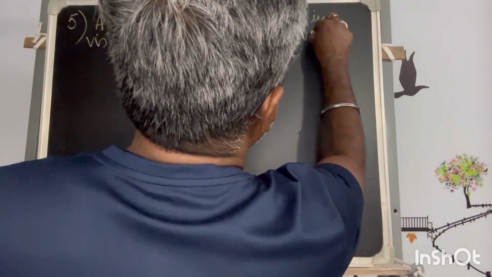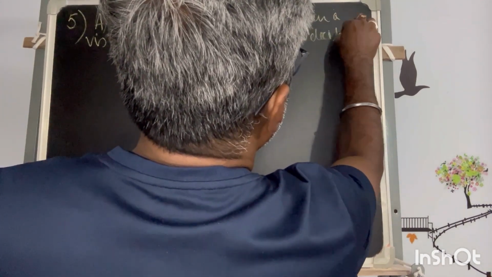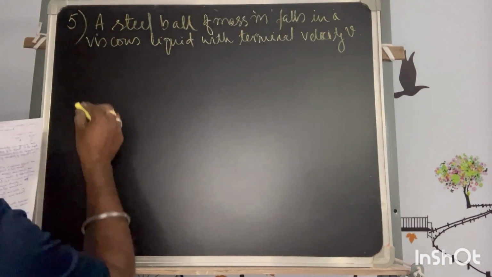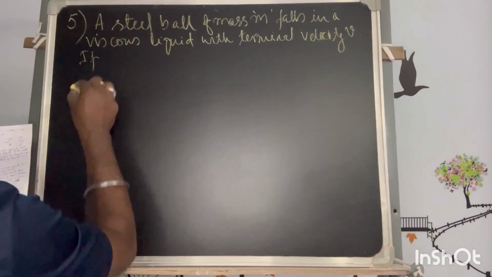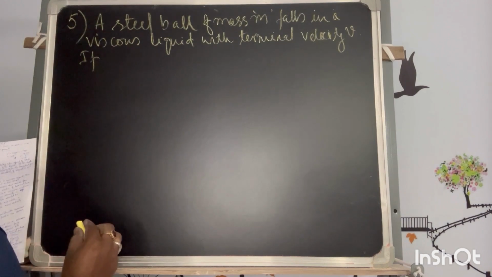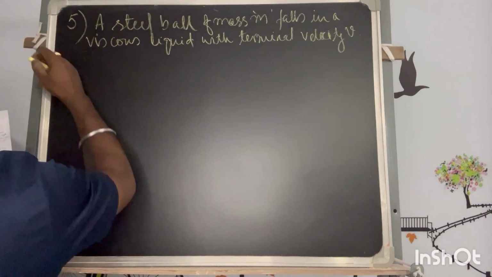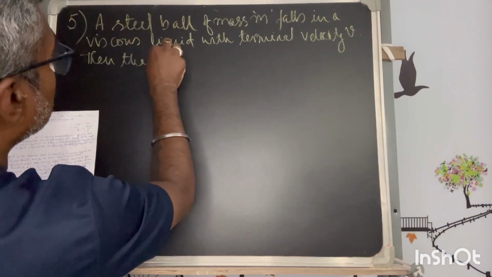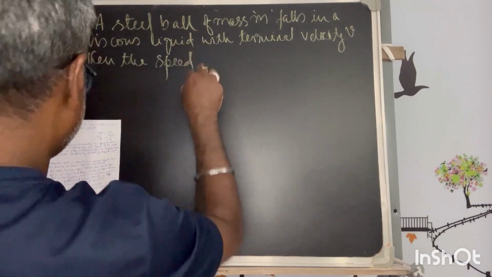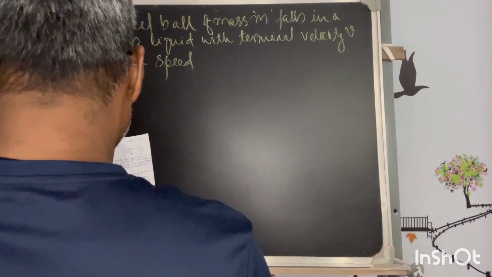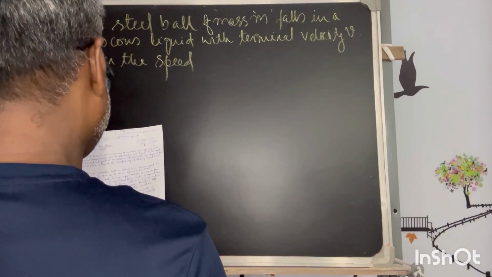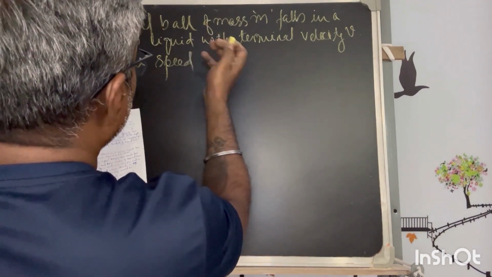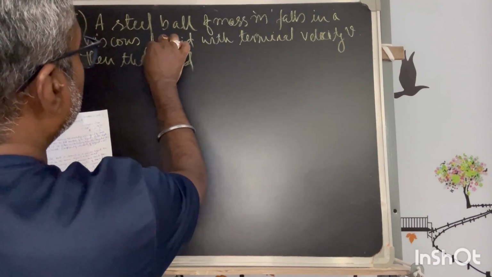If the ball is replaced by a ball of mass 8m, then find the speed.